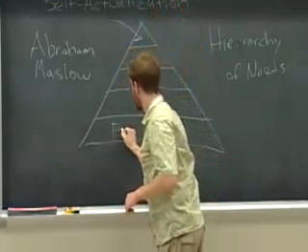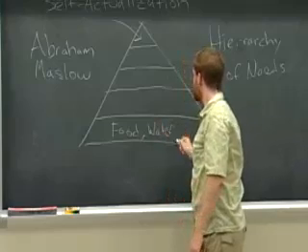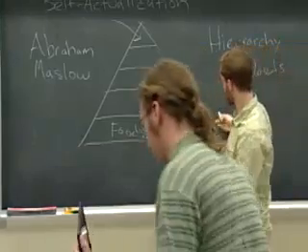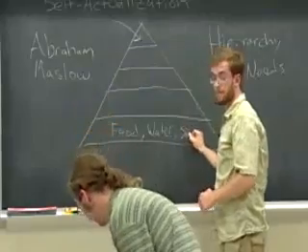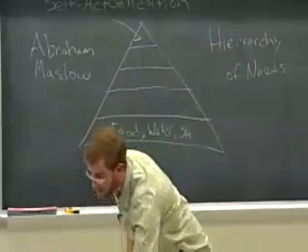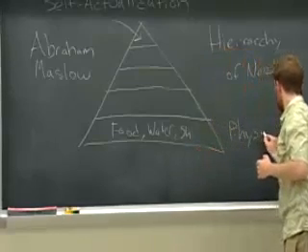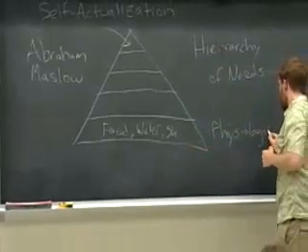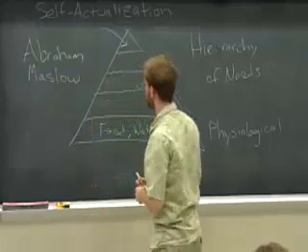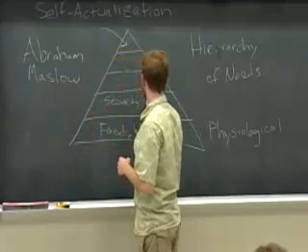And we have food, water, shelter. And this is really where humanity spent most of our early development, just staying at this level. He roughly describes this as physiological needs. And then we have safety, right? Security of body. I'm just going to write safety in here.